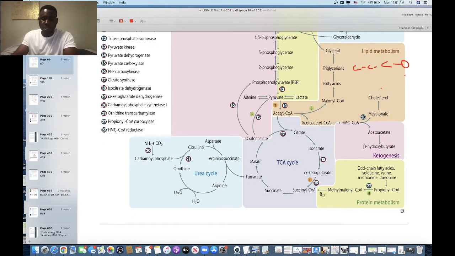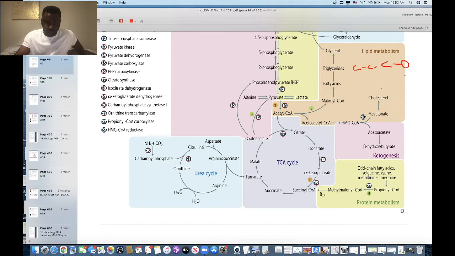And here, what you want to understand is the odd chain fatty acids, valine, isoleucine here, and I don't see the leucine there, but methionine and threonine can also be used to make what?